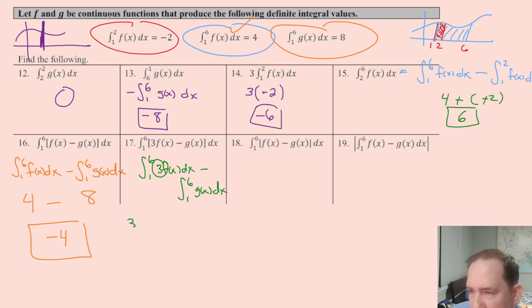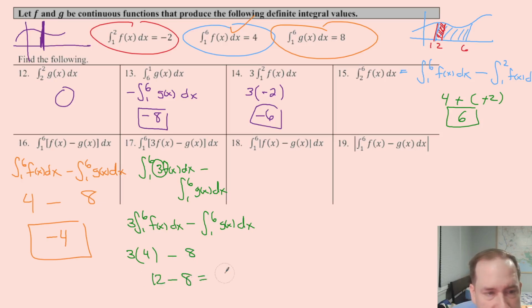So what we really want is 3 times the integral from 1 to 6 of f of x dx. Then we want to subtract from that the integral from 1 to 6 of g of x. So that's 3, 1 to 6 f of x's, that's 4. Minus 1 to 6 g of x's, that's 8. 12 minus 8 leaves 4.